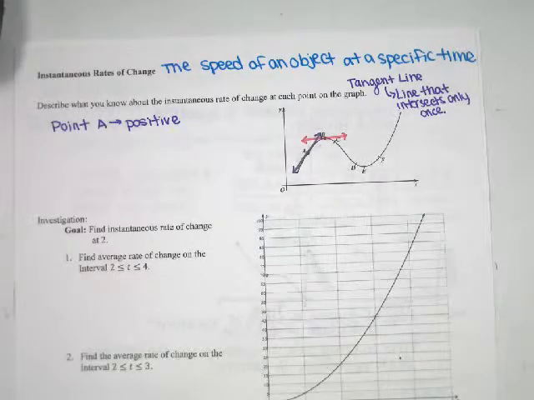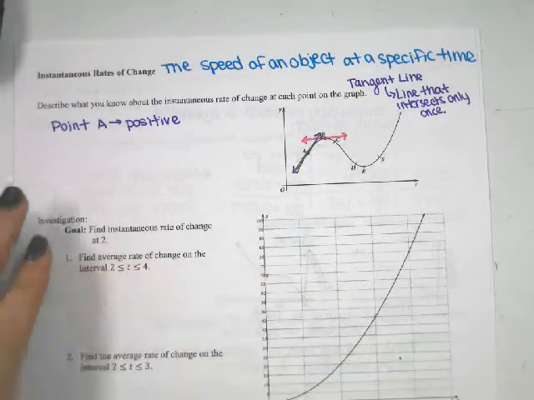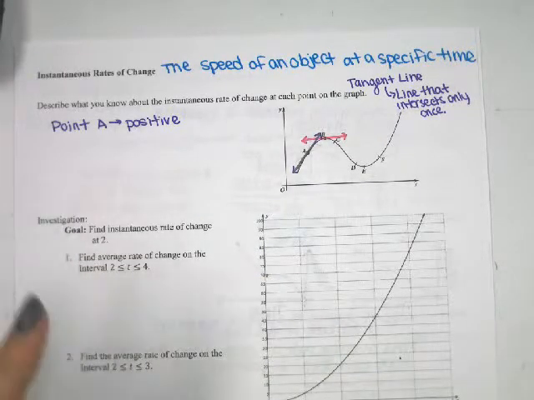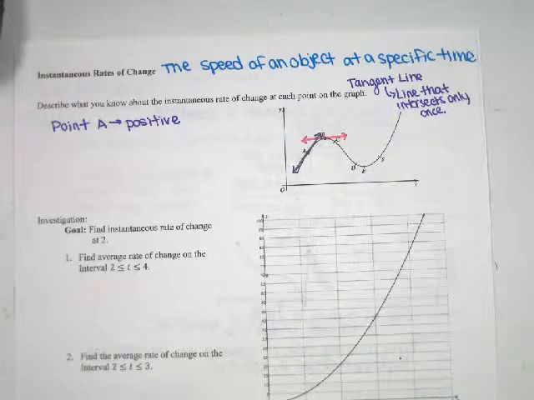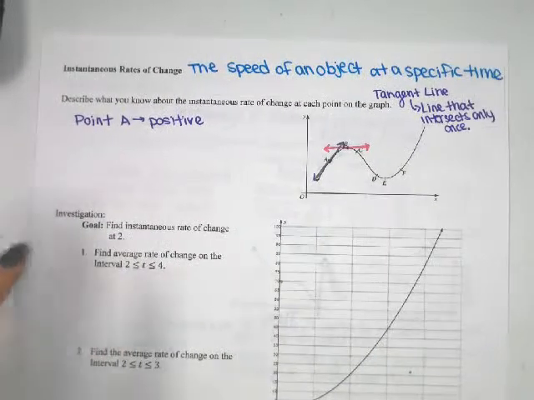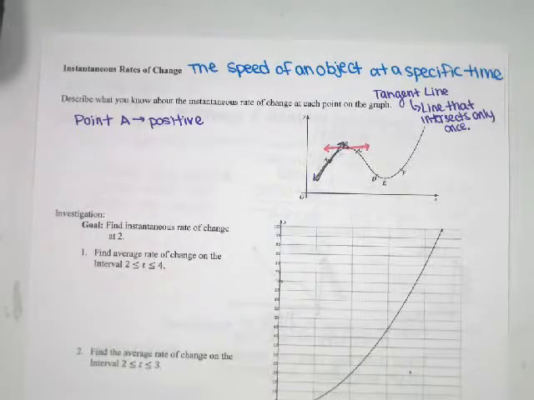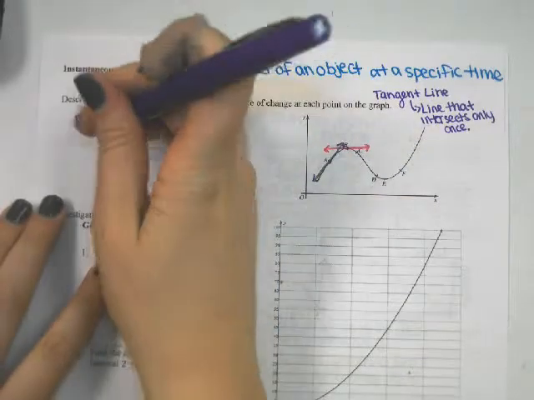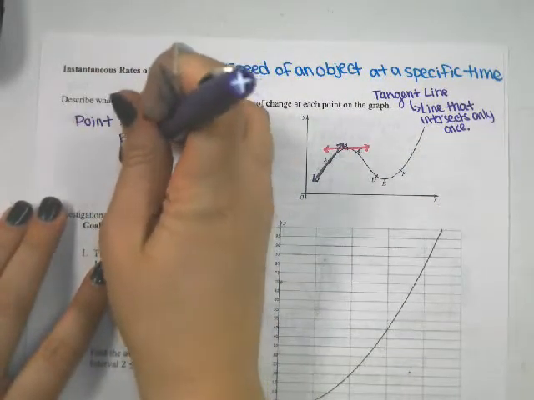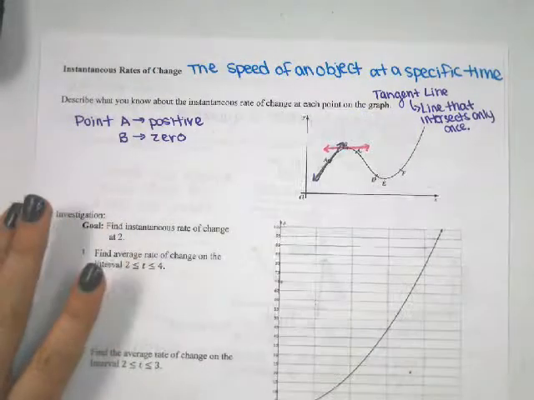So it brushes the edge just at one point. In order to do that, it's going to have to be perfectly horizontal. It has a rate of change of 0, has no rate of change. That stalled out point where it turns around and then decides to come back down, that's that point where it's not increasing, it's not decreasing, it's paused for just a split second. So at point B, it would be 0.